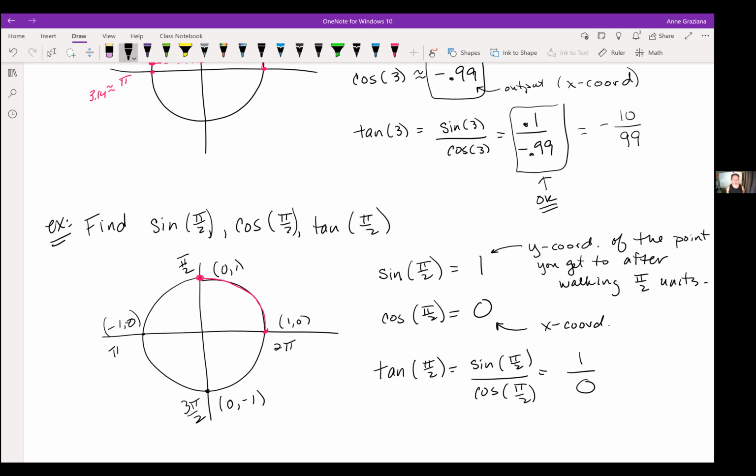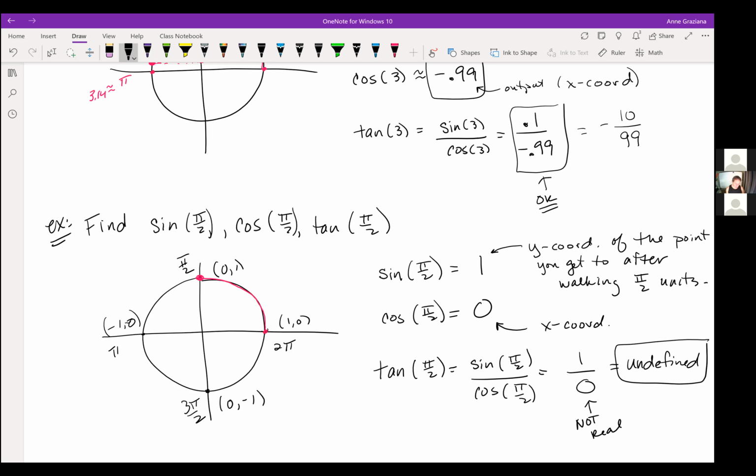What is the problem with that? Where your senses should be going off. What's wrong? 0 can't be in the denominator. 0 cannot be in the denominator. This is not real. So tangent at pi over 2 is undefined.